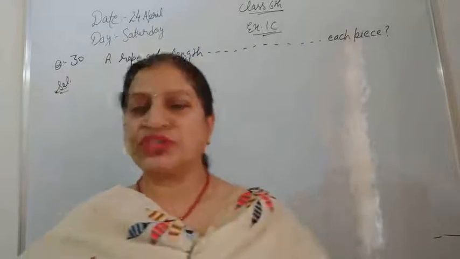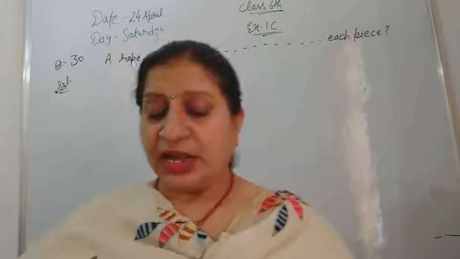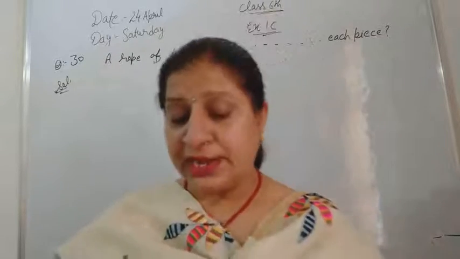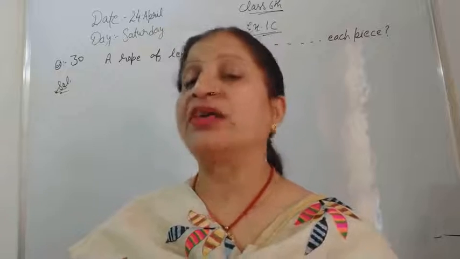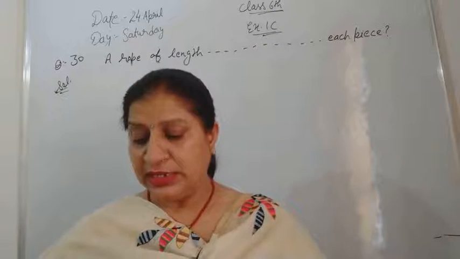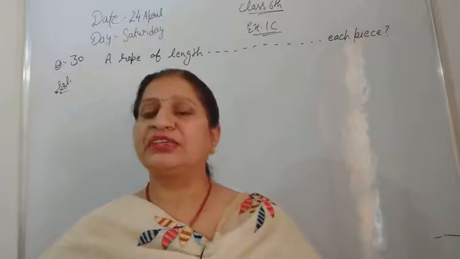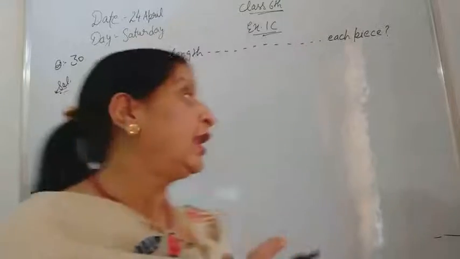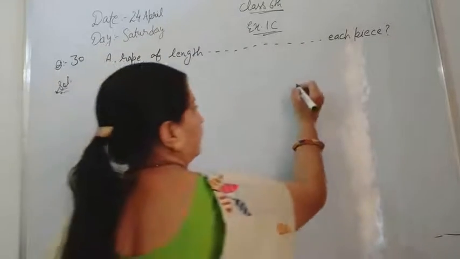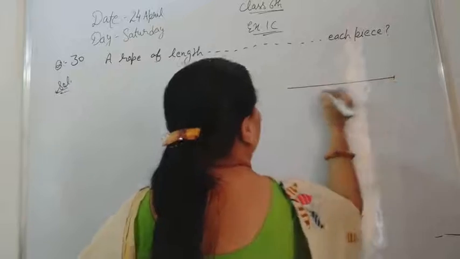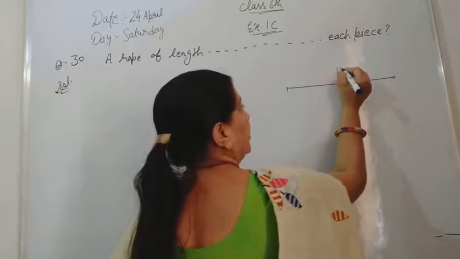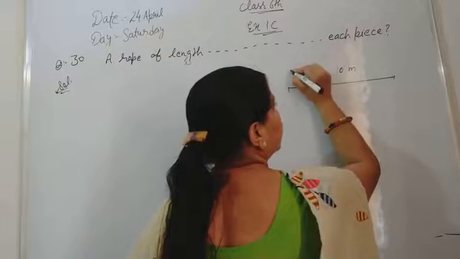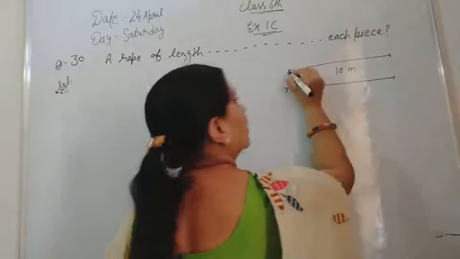Now the last question of this exercise is: a rope of length 10 meter has been divided into 8 pieces of the same length. What is the length of each piece? आपको गिवन है कि ये रोप है and its length is 10 meter. 10 मीटर इसकी यहां से लेकर यहां तक टोटल लेंथ है.